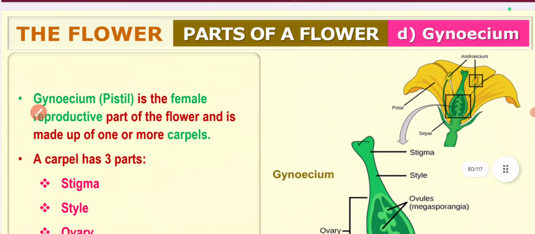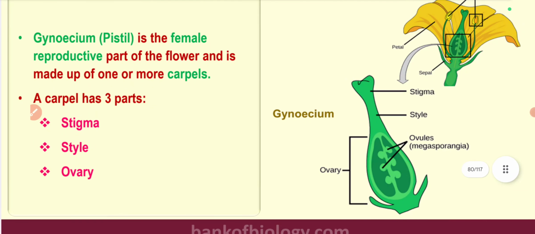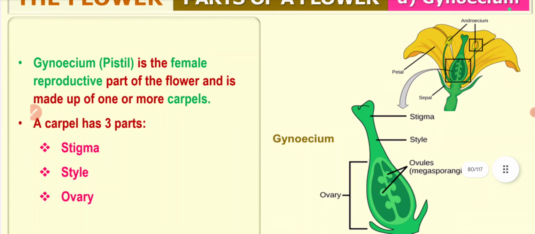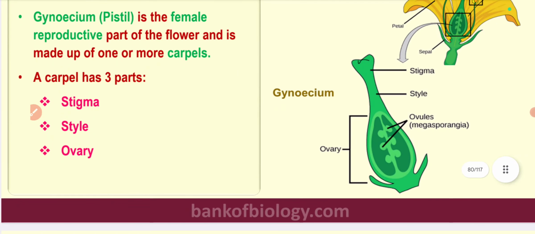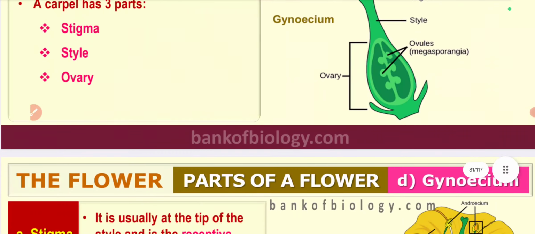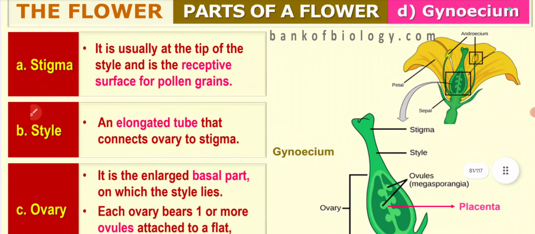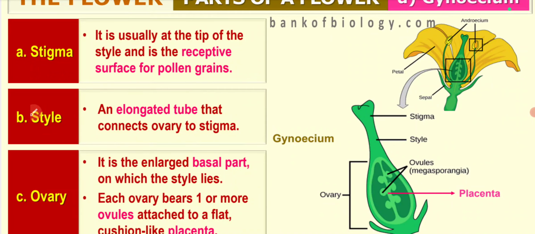Next, gynoecium. Gynoecium or pistil is the female reproductive part of the flower and is made up of one or more carpels or pistils. A carpel has three parts: stigma, style and ovary. Stigma is usually at the tip of the style and is the receptive surface for pollen grain.